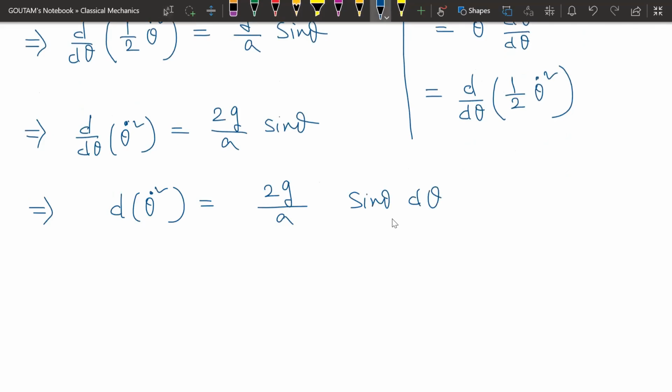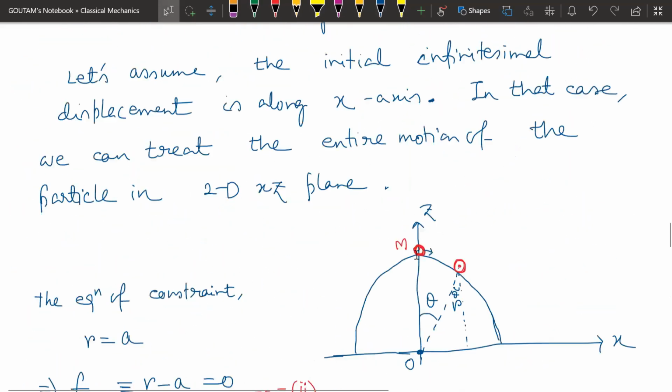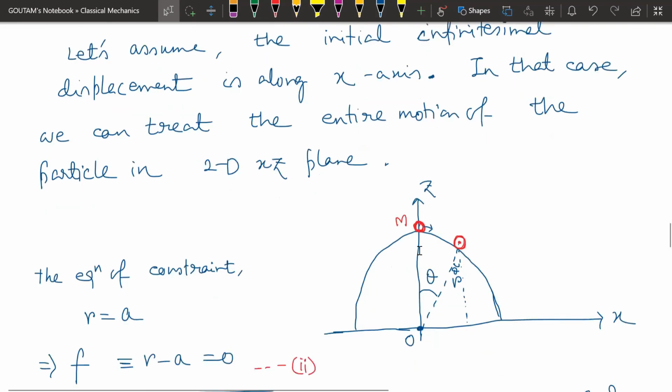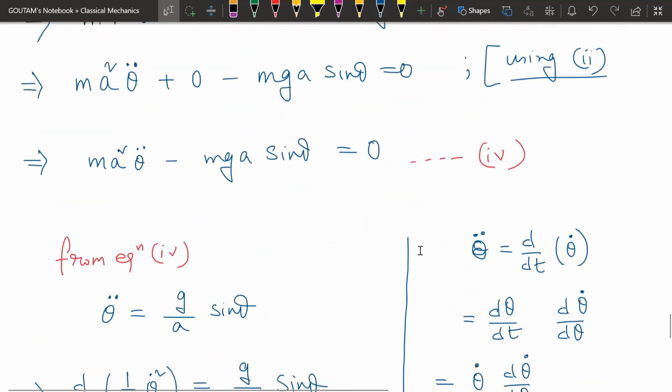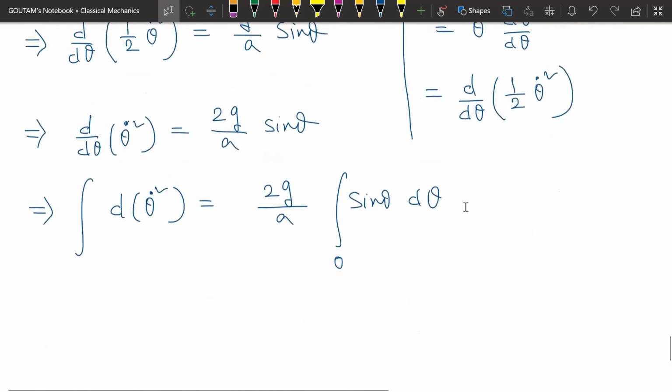Now if we do the integration, we write the limit when theta is equal to 0, that means when the particle was at the top of the hemisphere. At that point, theta dot, the angular velocity of the particle, was 0. And let's assume that at angle theta, its angular velocity is theta dot. These are the limits of integration.